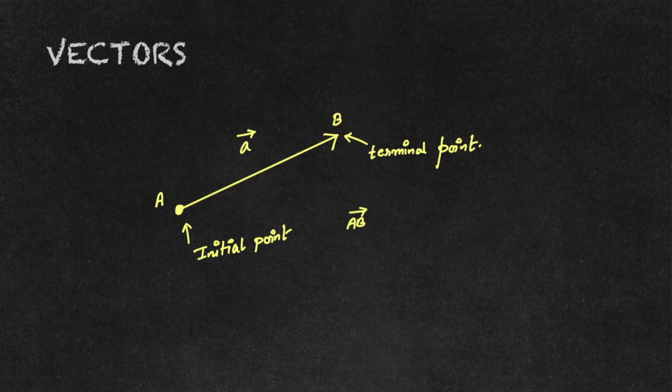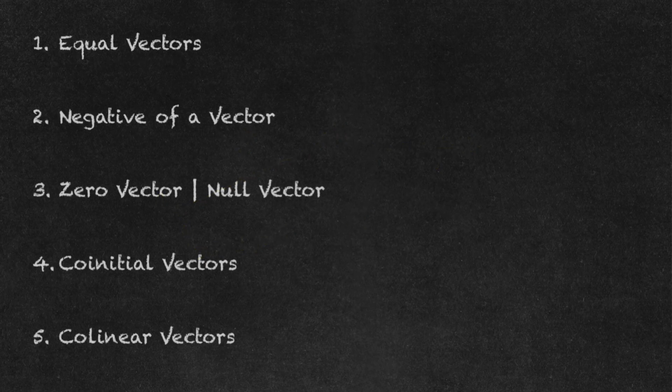So let's see different types of vectors. Number one, equal vectors. Suppose there are two vectors, let us say a vector A and a vector B. If they have same magnitude and same direction, then that type of vectors are called equal vectors. And we write that vector A is equal to vector B. Number two, negative of a vector.